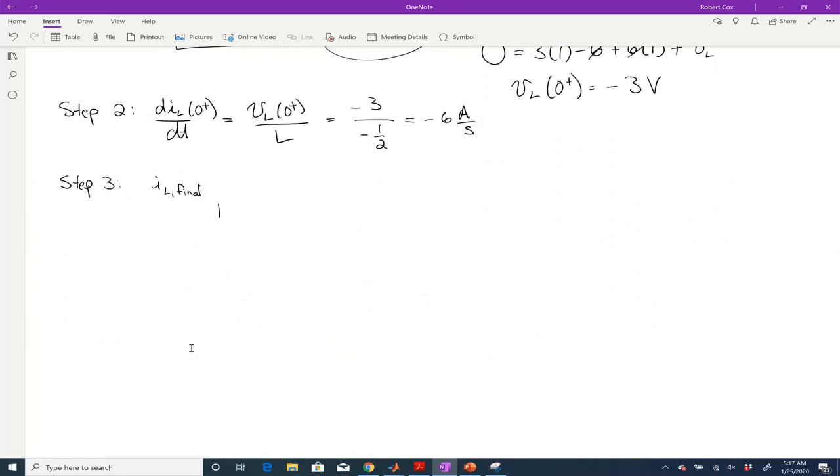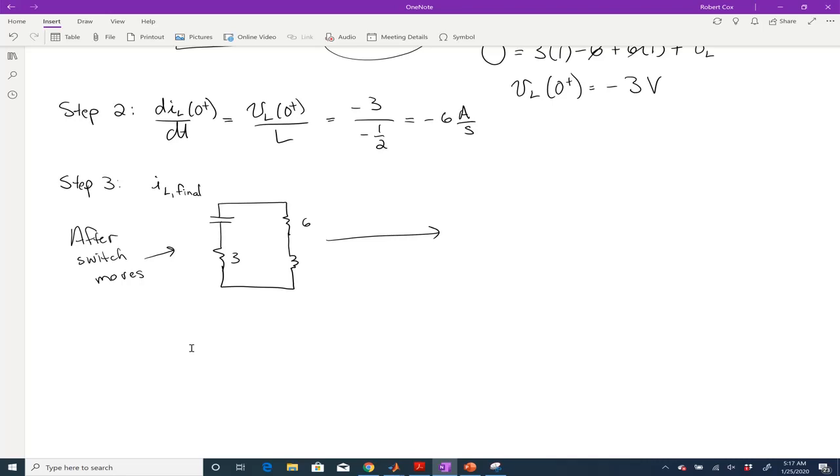So remember, the circuit itself is this guy. There's a 3 ohm here, a 6 ohm here, and an inductor here. This is the circuit after the switch moves.